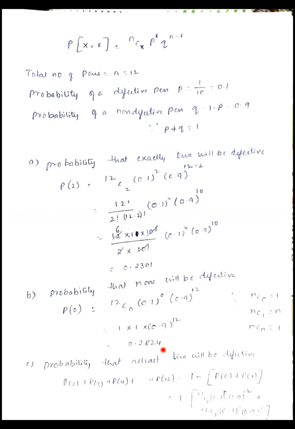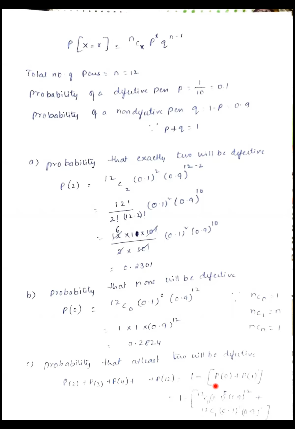Next is the probability that at least 2 will be defective. At least 2 can be given by the formula 1 minus the sum of probability x = 0 plus probability x = 1.